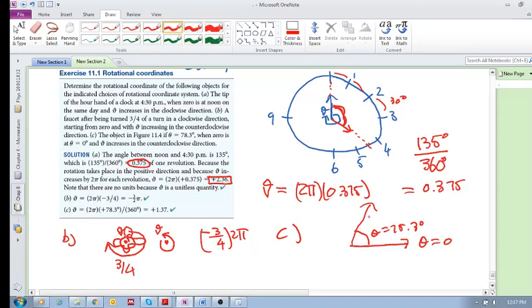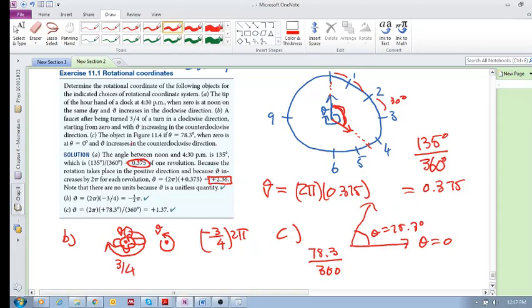Now again, how do we convert to rotational coordinates? We divide this by a full revolution. So we say 78.3 divided by 360.